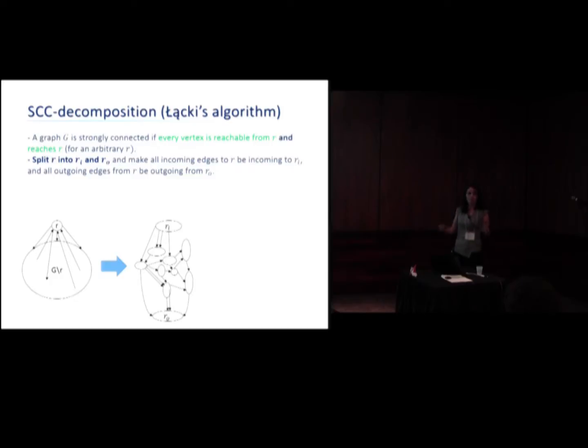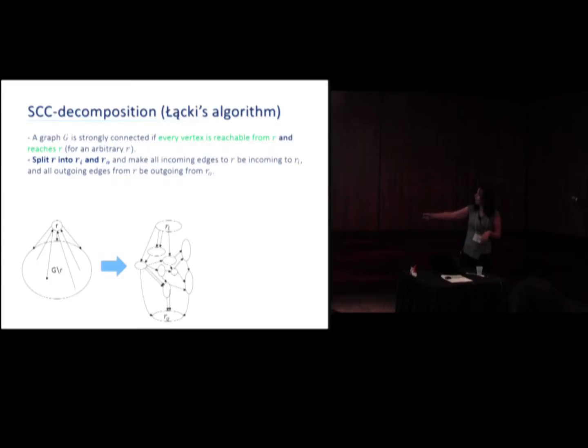So say that someone else now takes care of telling me when these strongly connected components are not anymore strongly connected. And all I need to do is just to say when my big component with R is not strongly connected anymore.